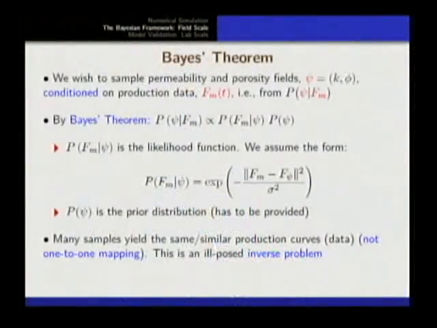Okay, so the UQ framework has two steps. In the first step, we use dynamic data to reduce uncertainty and determine an ensemble. And in the second step, once we have the ensemble, we run MC forward in time to make predictions. Okay, so this is the type of framework we are working with.